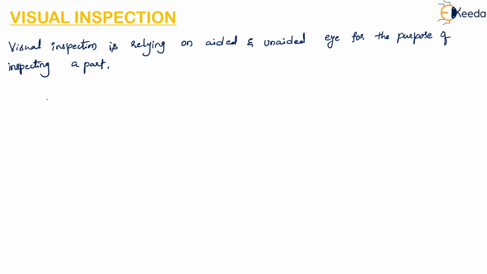So now looking for the advantages and disadvantages of visual inspection. The first advantage is it is inexpensive. Little to no equipment is needed for testing. We may use any equipment or we may not use any equipment.